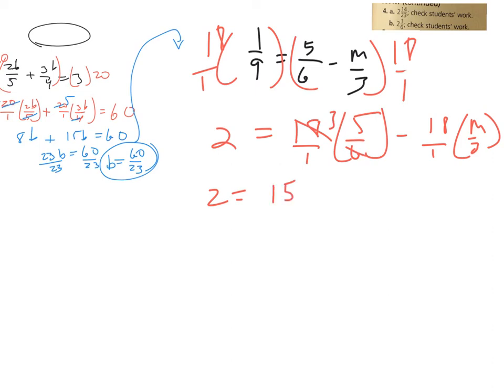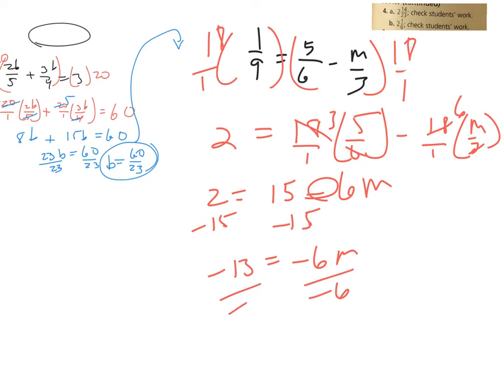So I'm going to have 15 minus, and then over here that was a 3, so we're going to have 6m. Subtract off our 15, and we get negative 13 equals negative 6m. Be careful not to lose the negative there. Divide off our negative 6, and m we find equals 13/6.